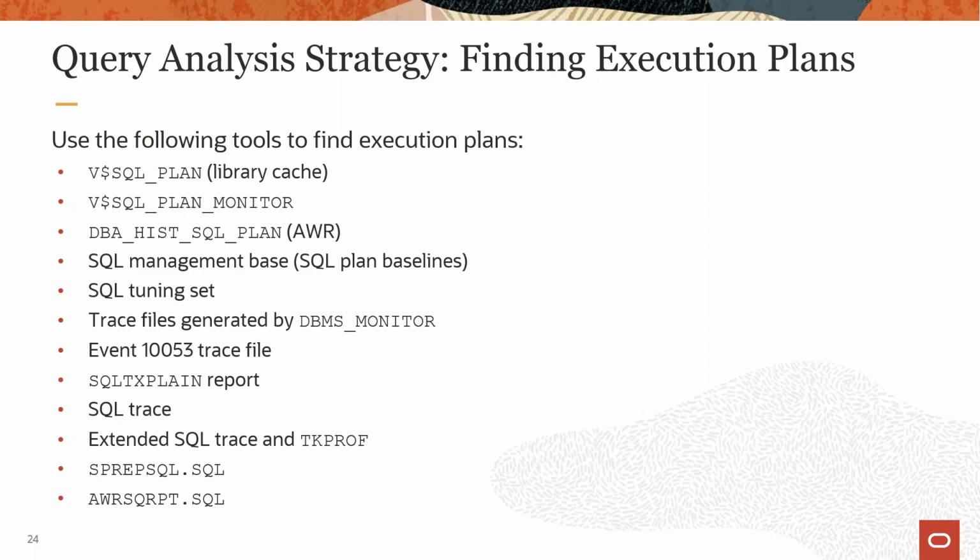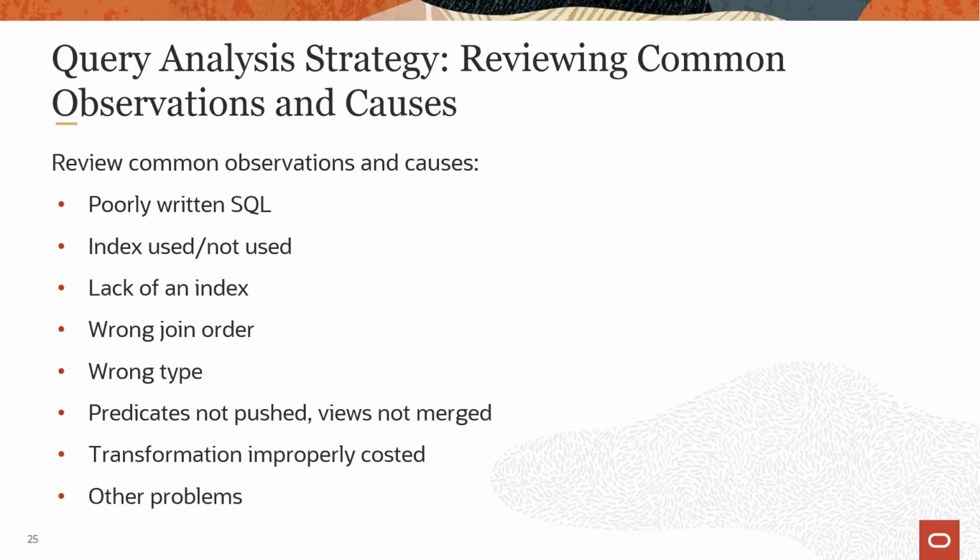You can perform SQL tracing. You can use pre-delivered scripts to find those execution plans. There is a separate chapter in this course where we're going to focus on the different techniques on how to capture those execution plans. Now, also in this query analysis strategy, you have to review some common observations and causes.